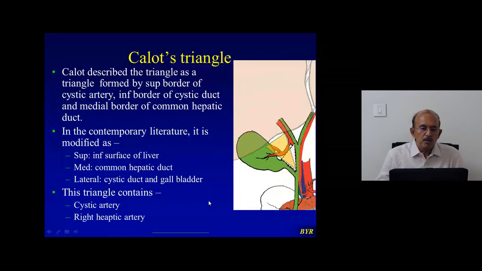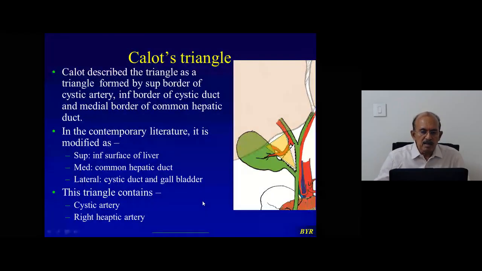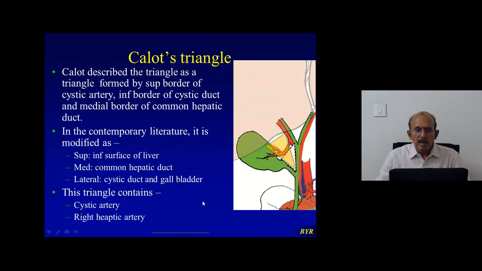When you are asked to tell about the Calot triangle, what you must tell is the inferior border of the liver. Sometimes the examiners may be under the impression that the cystic artery is the boundary, not the inferior surface of the liver. If the examiner knows only that particular point, then you may lose marks.